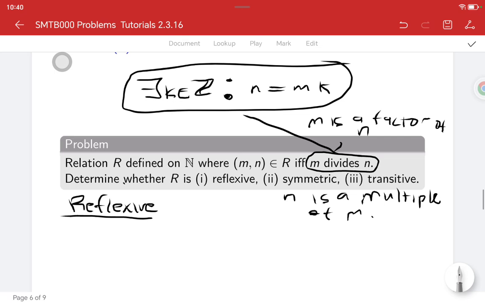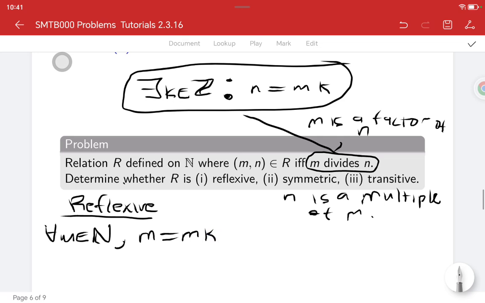Let me say, for all m, an element of the natural numbers, using the definition, m should divide m, right? So in other words, I must have that m should be equal to mk.